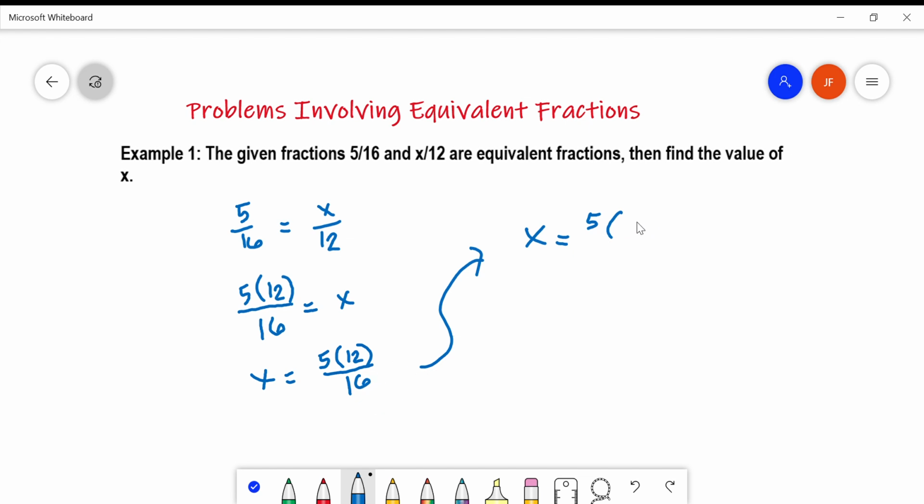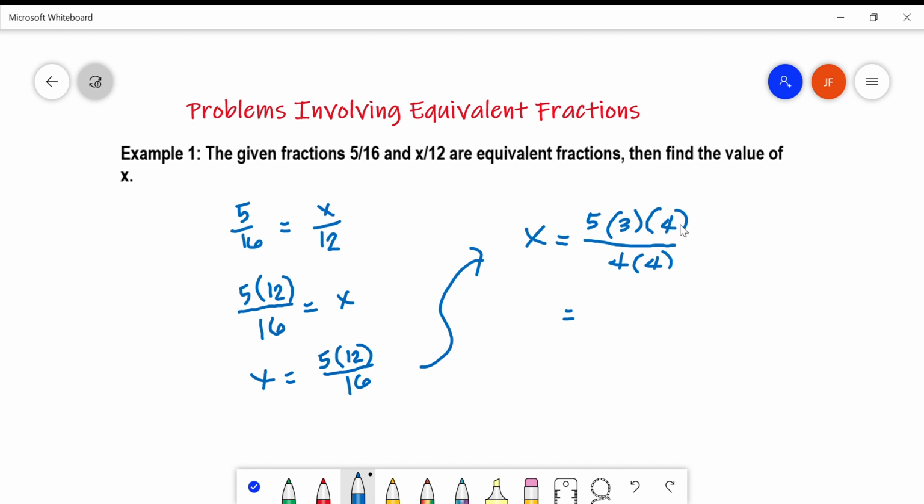We'll find their GCF, or the greatest common factor. So the greatest common factor of 12 and 16 is 4. Okay, so instead of writing 12, we are going to write that as 3 times 4. Okay, and then 16 can be written as 4 times 4.